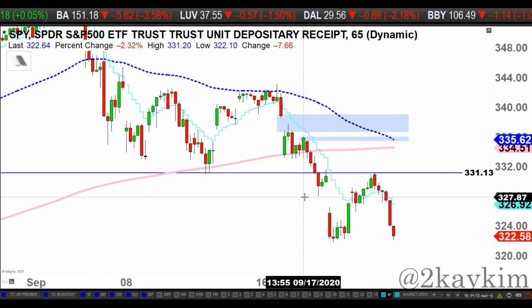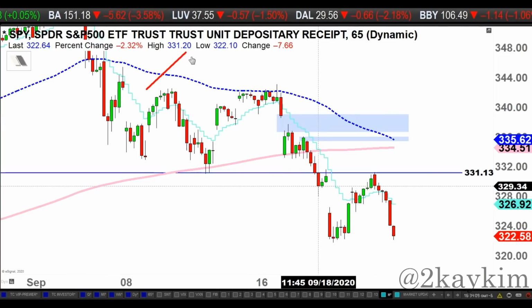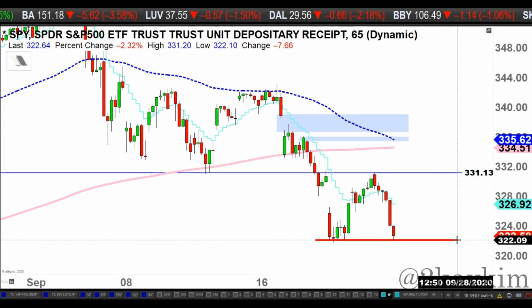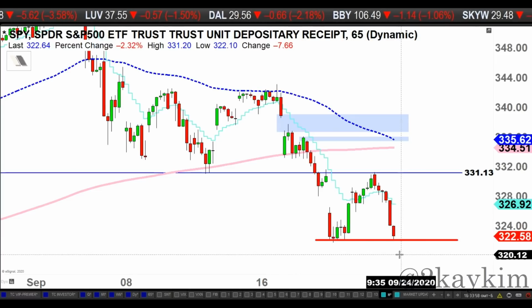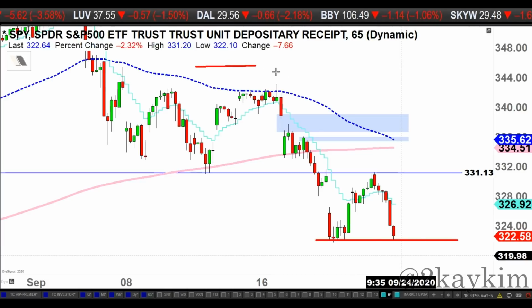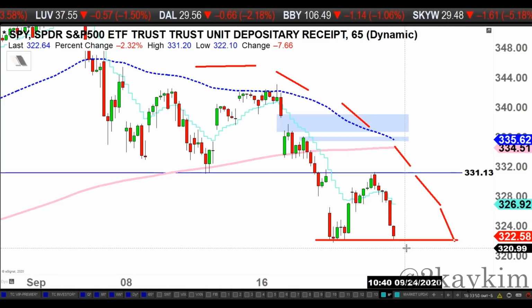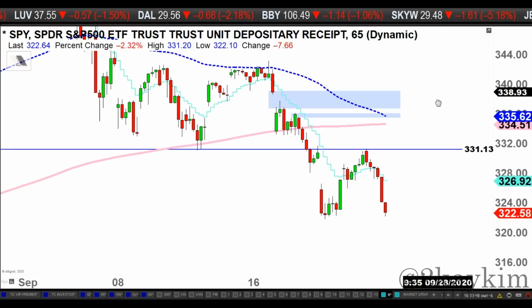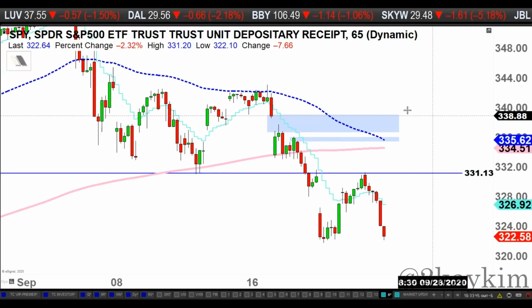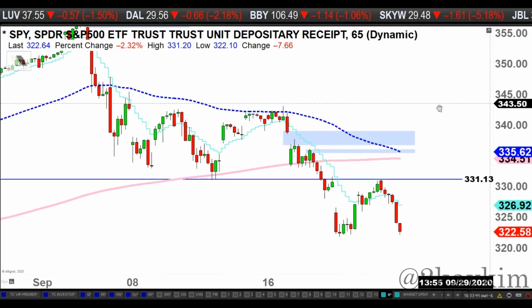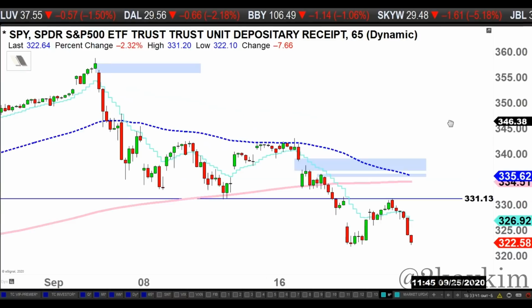Well, this time is a little bit different. We're now in a downtrend with lower highs and lower lows. So when it comes down here, it is a support, but because of where the tide is moving in the short to midterm, it's a vulnerable level. Now we do have a series of lower highs, as you can see, right?